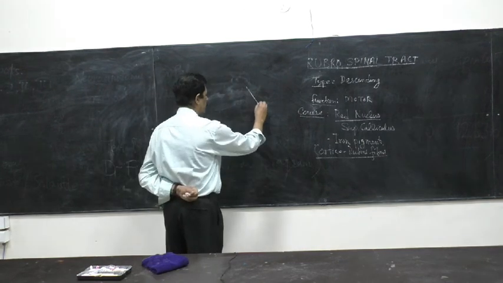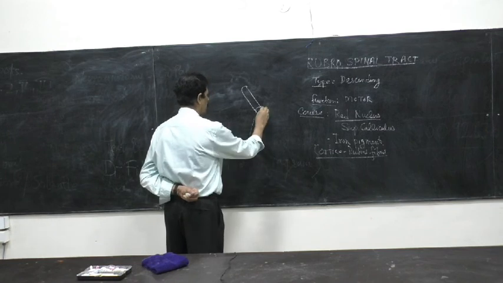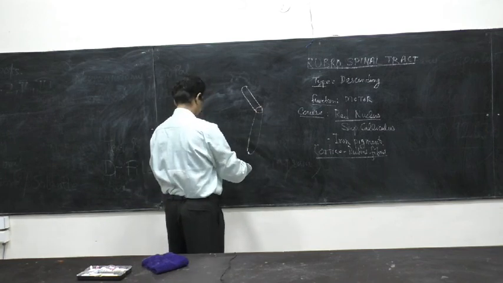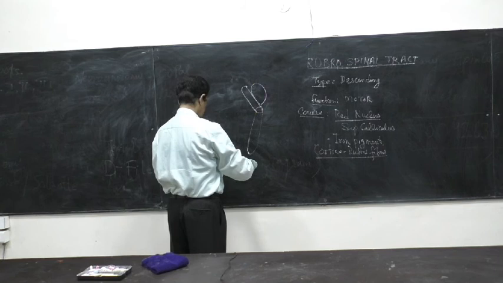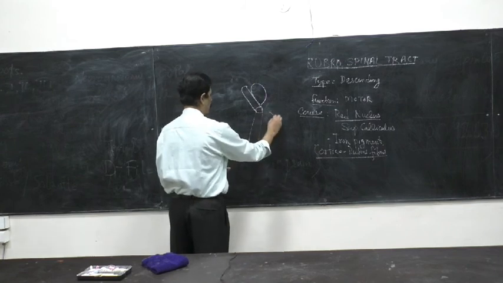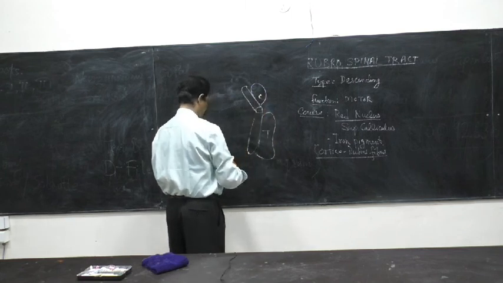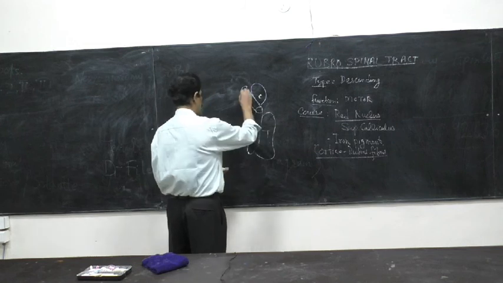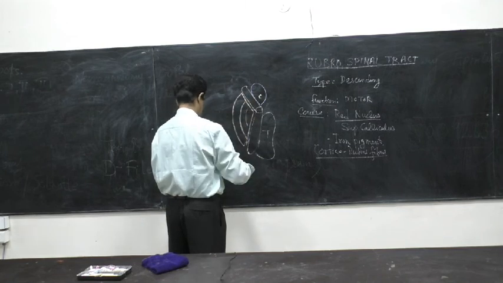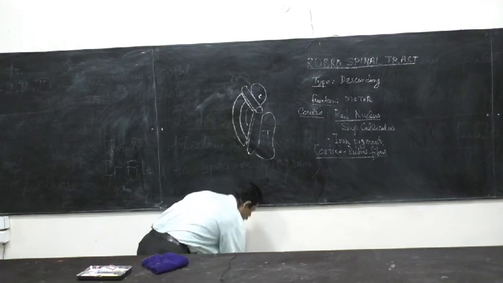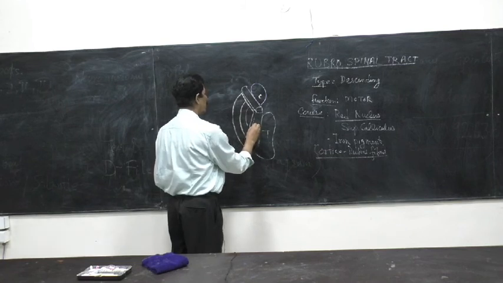As we make the posterior horn of the internal capsule, with the head of caudate nucleus and the thalamus, and the lentiform nucleus laterally, so here we make the cortico-rubral tract.